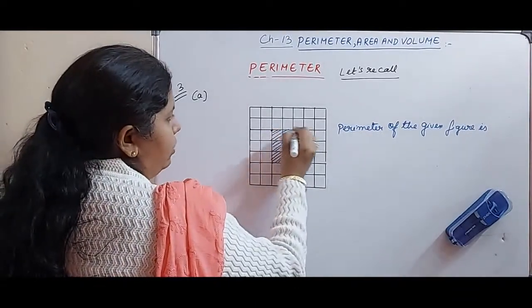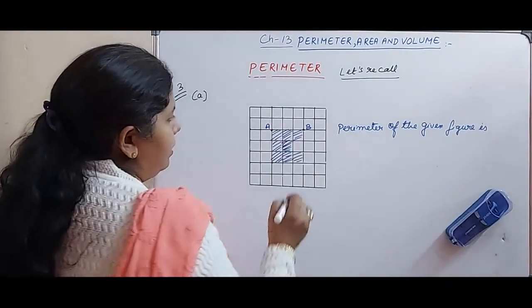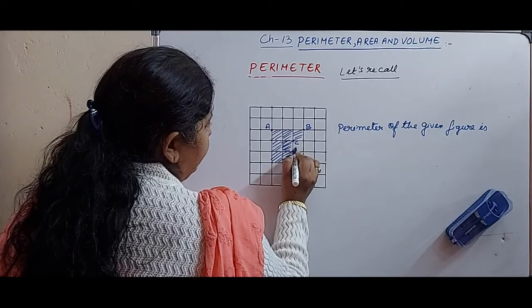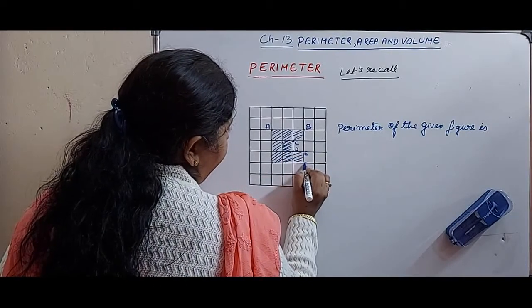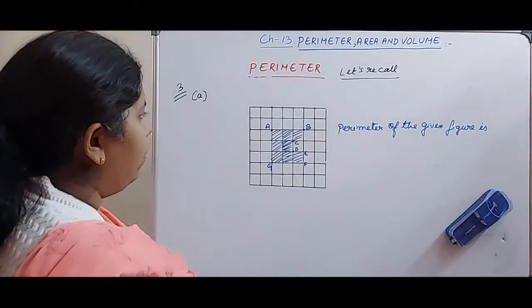Like this point is A and I have given this name as B. Then this point I have named C, this D, then this is E, then F, this is G.